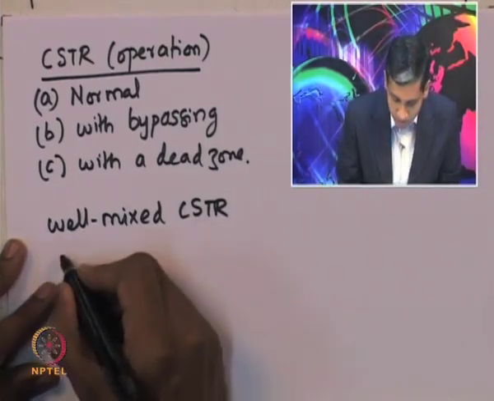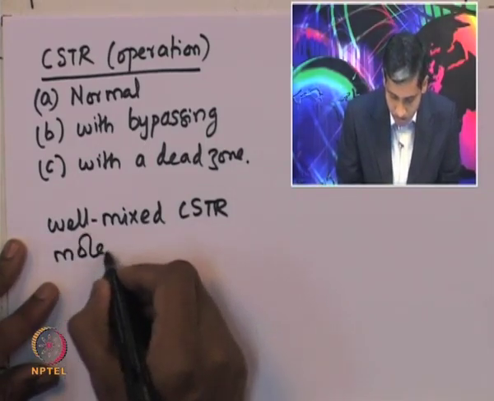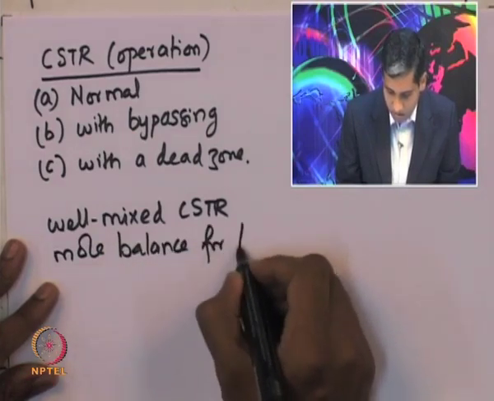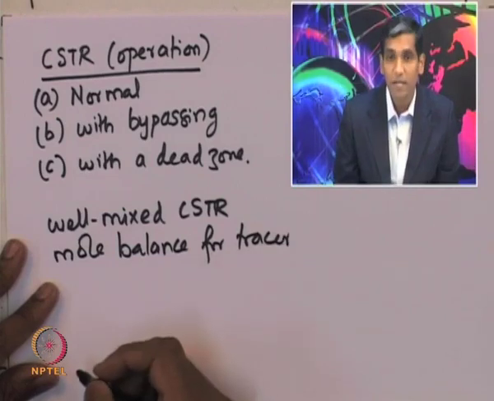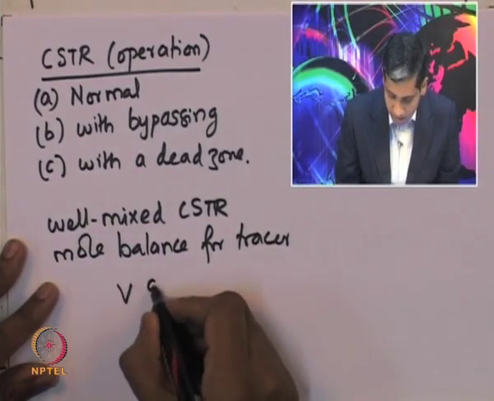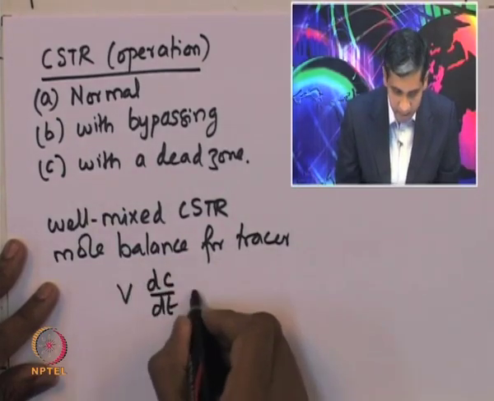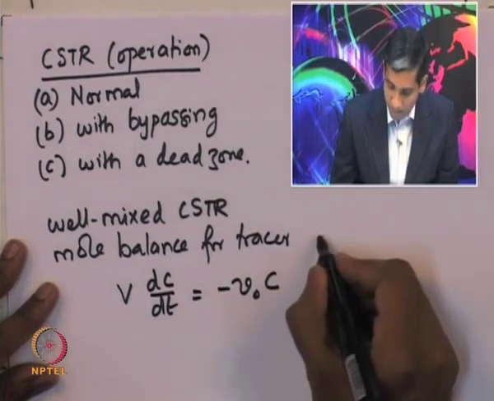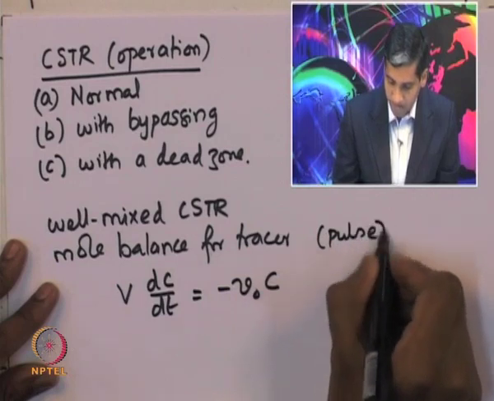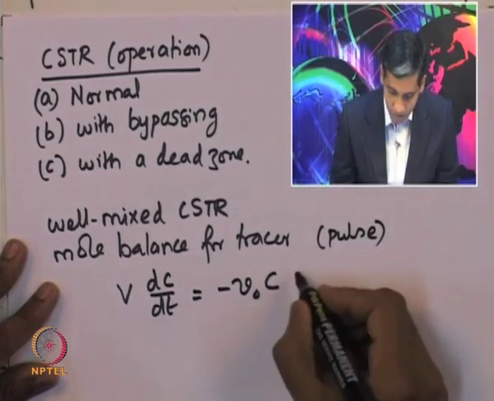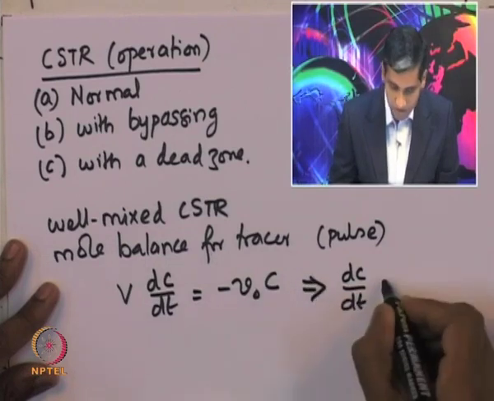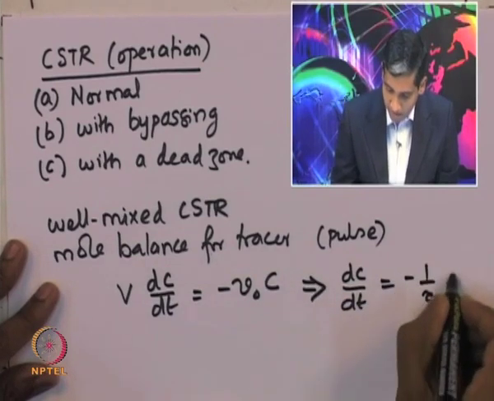Suppose it is a pulse tracer, the mole balance will be V dC/dt equal to minus v0 C, which gives dC/dt equal to minus 1/tau times C.